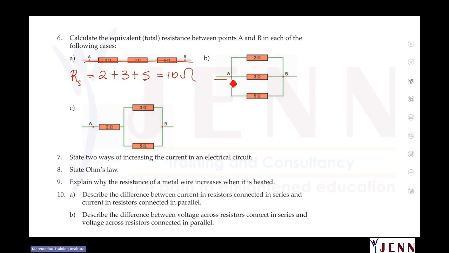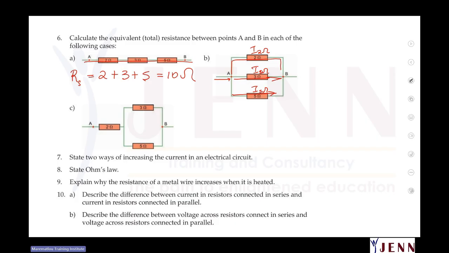But if you look at that question, current comes in there and then it's divided into 3. We can see that current here is divided into 3. So that means we have current for the 2 ohm resistor, current for the 3 ohm resistor, and current for the 5 ohm resistor.